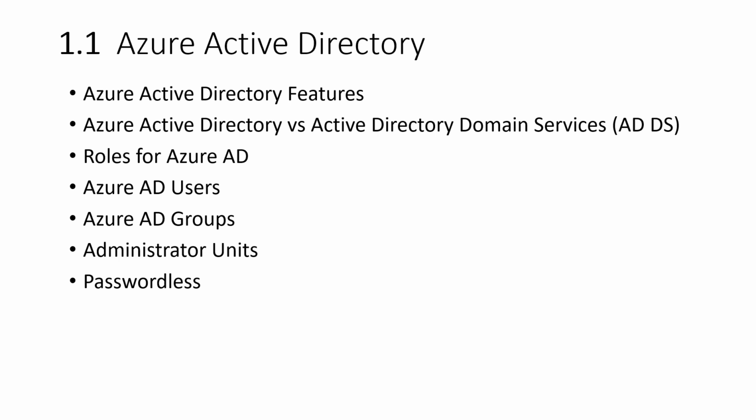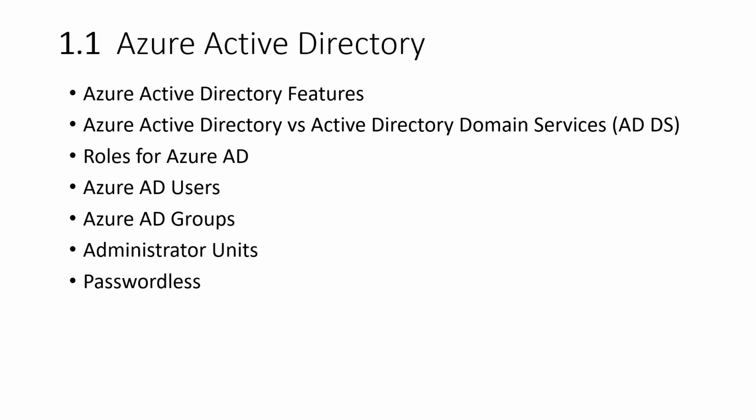We can manage access based on the roles. In Active Directory we have objects, and these objects are part of an organizational unit. These organizational units are part of our domain, and on top we have forests. So this is the structure we have in the on-premise Active Directory.